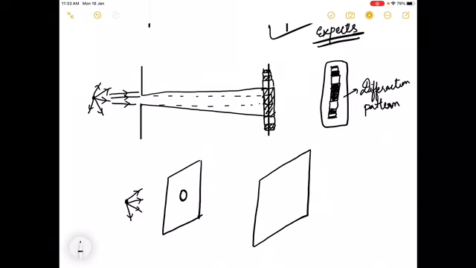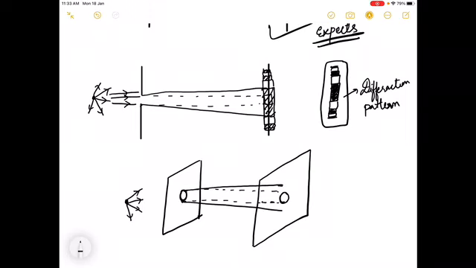So normally this is something we are supposed to observe. But actually what happens is that light bends. So we will see a bright spot that is much bigger as compared to the opening.